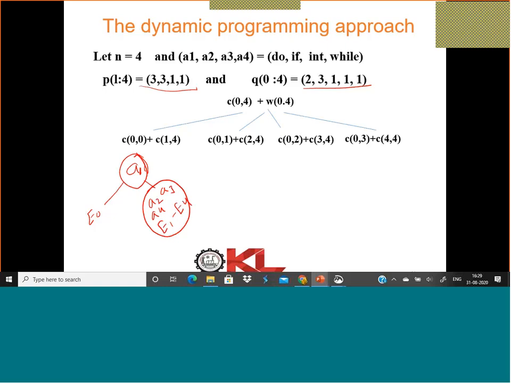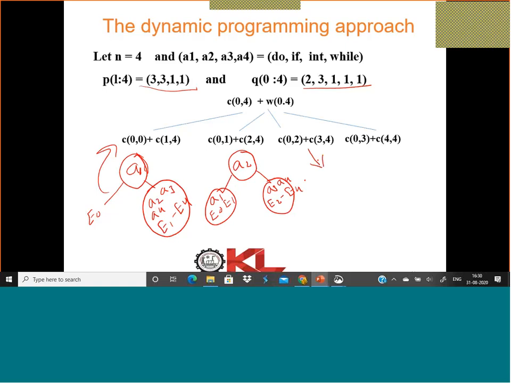If I select A1 as a root element, this is what I represented here. Similarly, if I select A2 as a root element, then the left subtree contains A1 and E0 and E1, and the right subtree contains A3, A4 and E2 to E4.